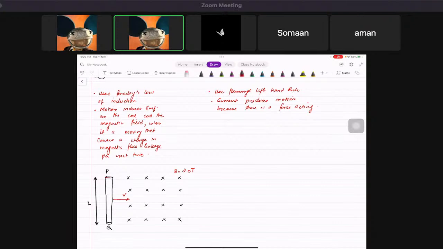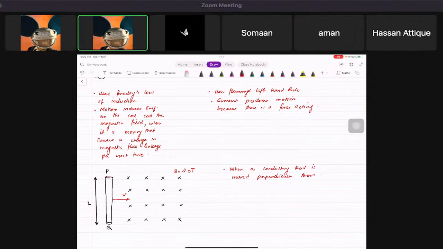So you just need to remember that when a conducting rod is moved perpendicular through a magnetic field, what really happens is the rod's electrons experience a magnetic force F because of the velocity v.